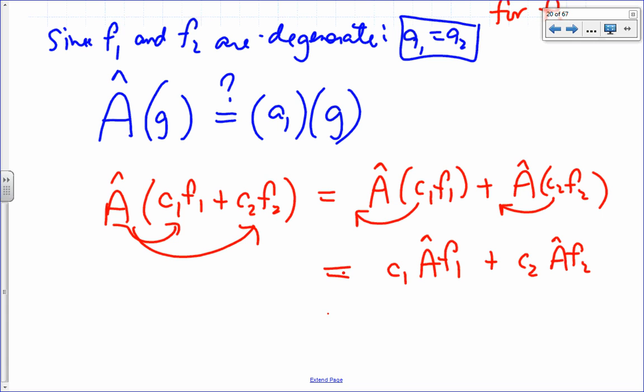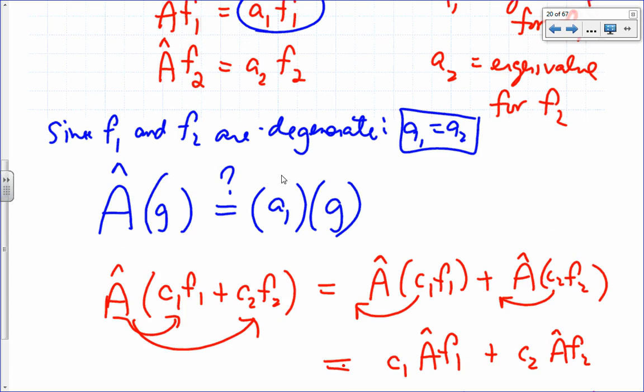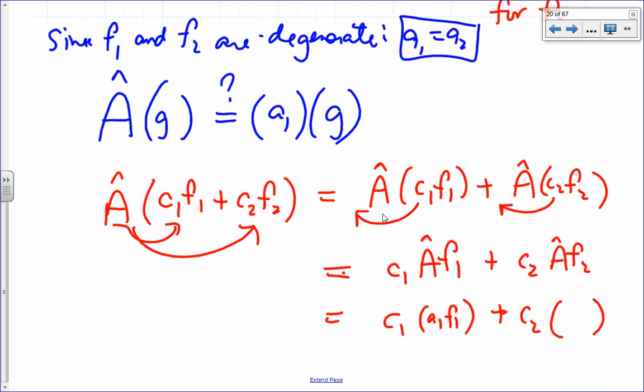So this is going to be equal to c1 times a1 f1, right? And this second one is going to be c2 times a2 f2. And since a1 and a2 are the same, I'm just going to call it a1 now. Okay, so I'm just going to call this a1 f2.